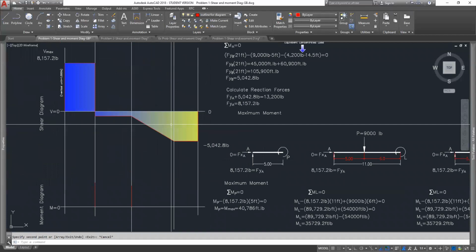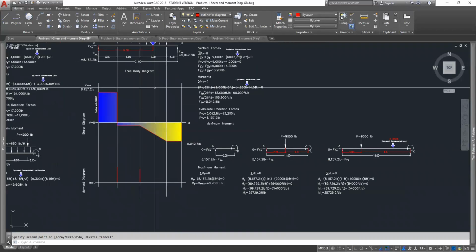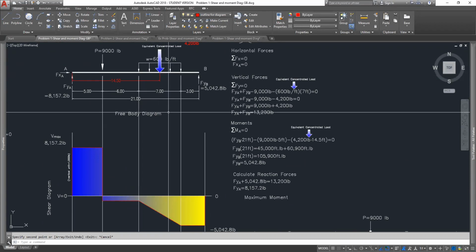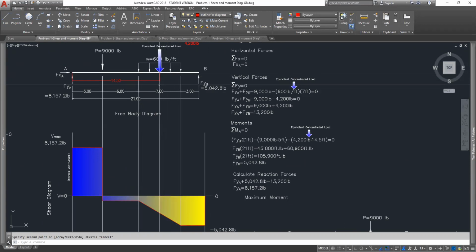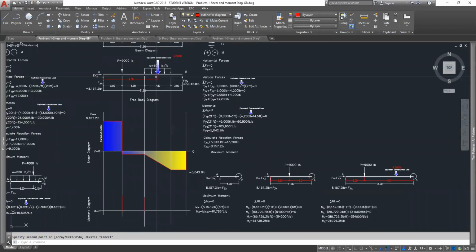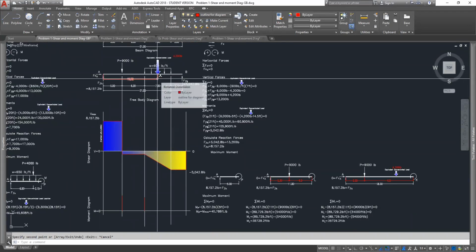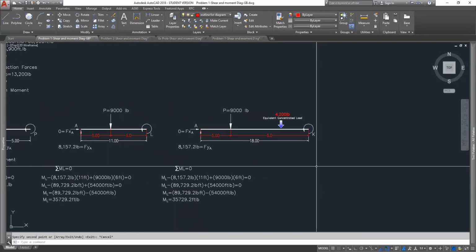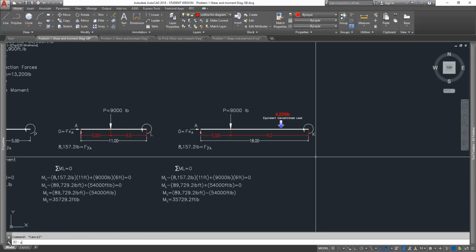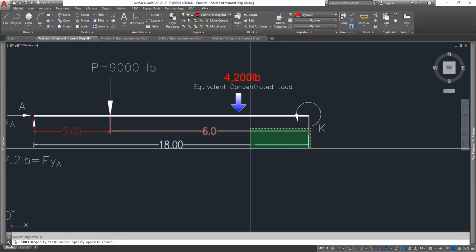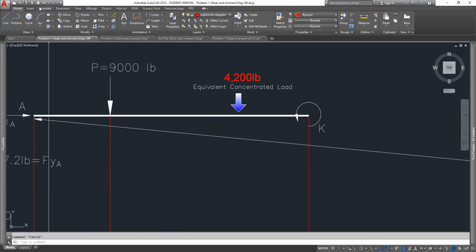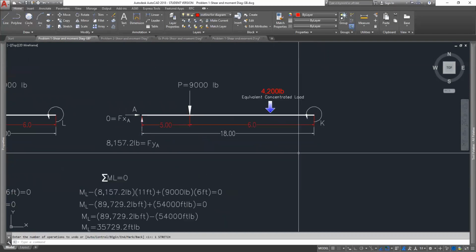Well, it's going to be half of the distance from this point to this point. So it's going to be 3.5 feet located over to there for that concentrated load. So we have a concentrated load coming down at this point. I'm going to pull this down just a little bit. My mouse is super sensitive here.